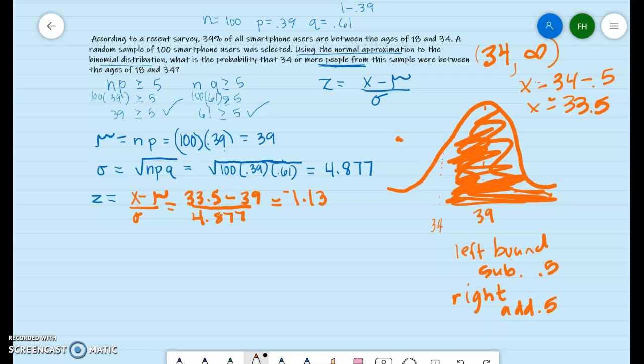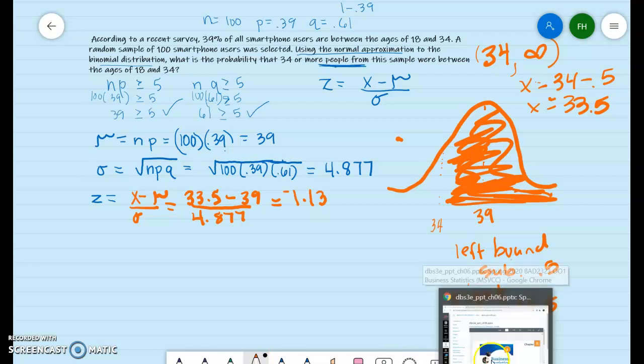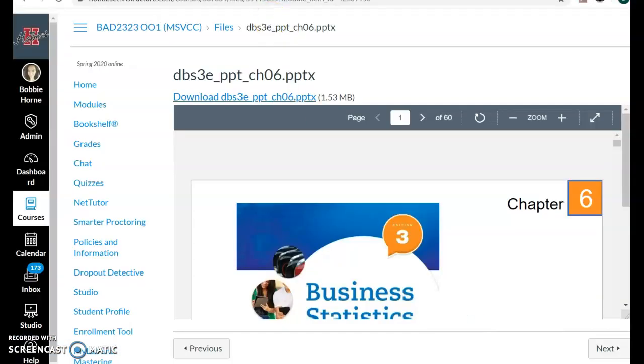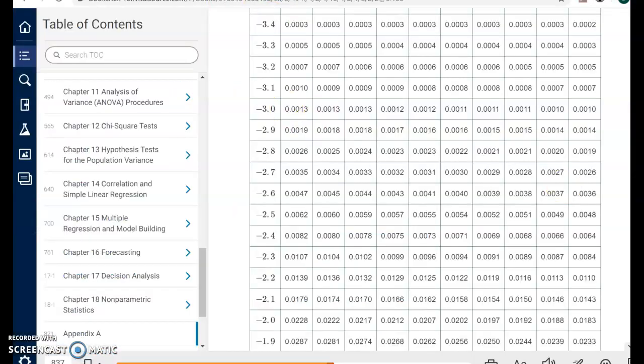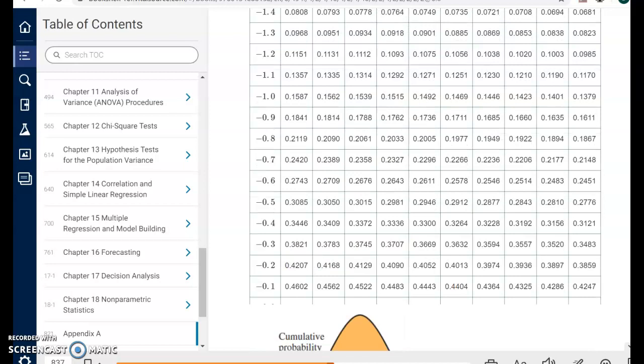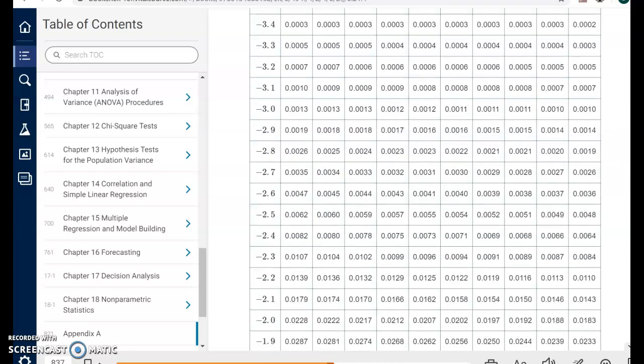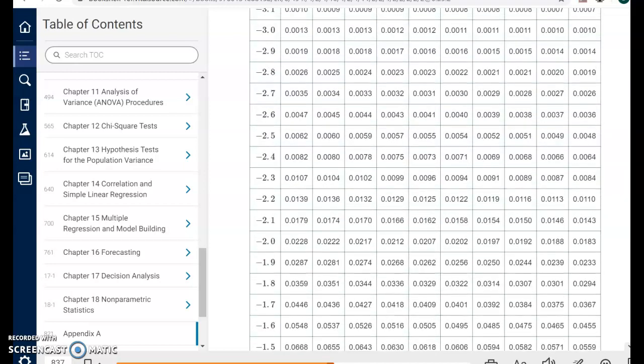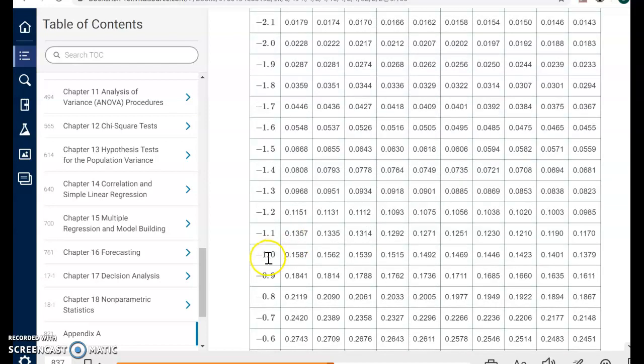So now we have to go to our table and find negative 1.13. So negative 1.10, 11, 12, 13.